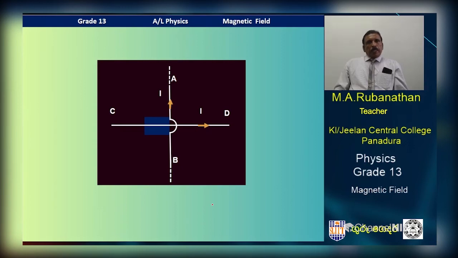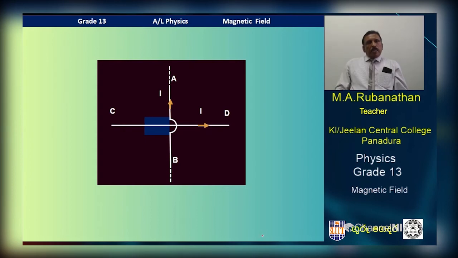AB is an infinitely long wire, so AB creates a magnetic field around the conductor. Here the magnetic field on the D side goes inside.